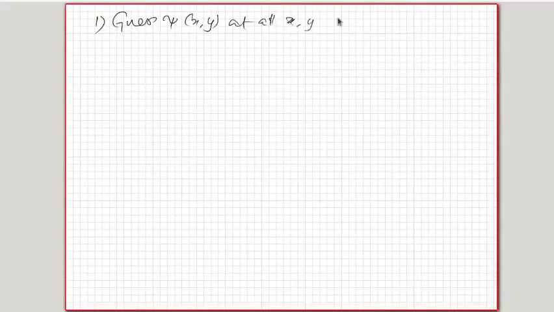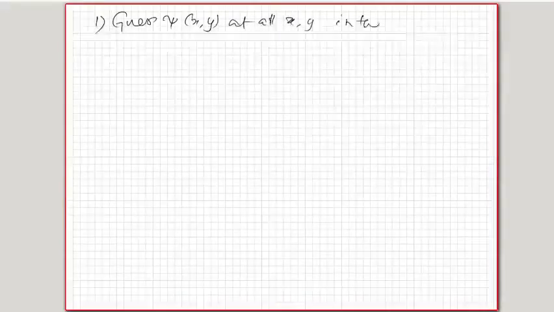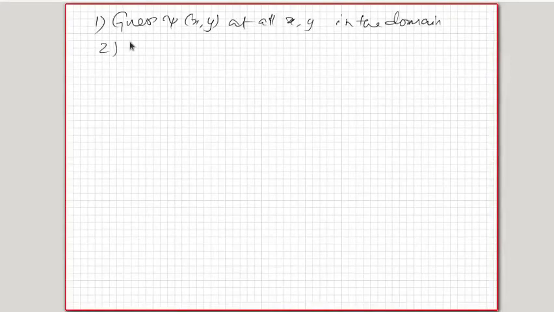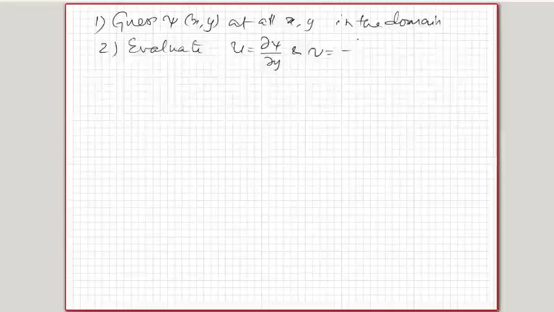So first, guess psi of x comma y at all x, y in the domain. Then evaluate u is equal to del psi by del y and v is equal to minus del psi by del x in the whole domain.